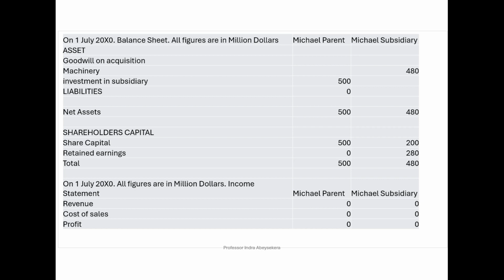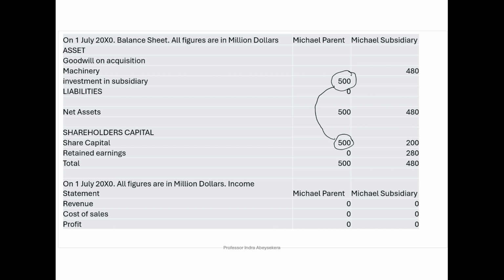On 1st of July 20X0, the balance sheet and the income statement are given. We can see that Michael parent issued share capital of 500 million and has an investment of 500 million.